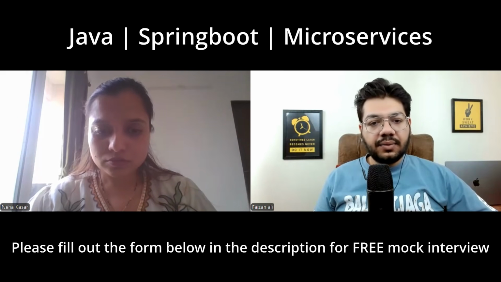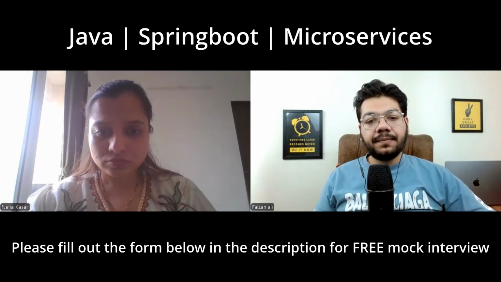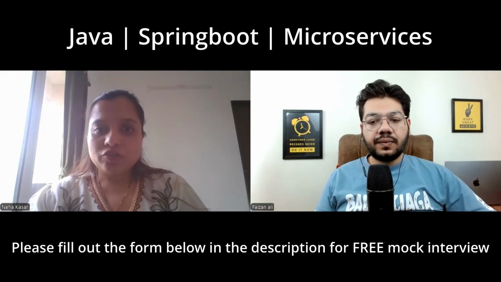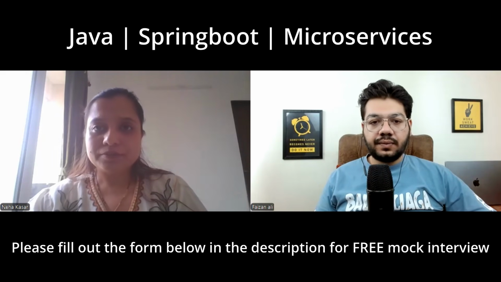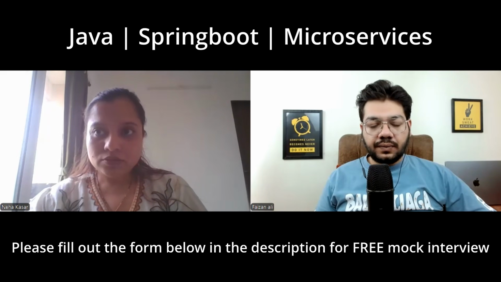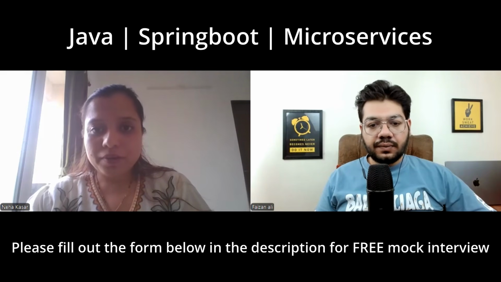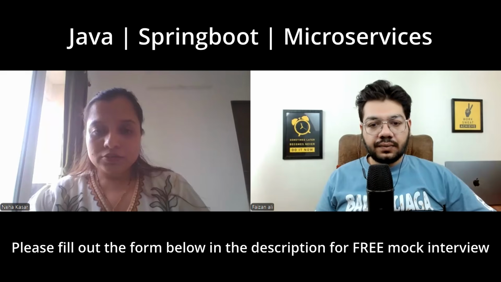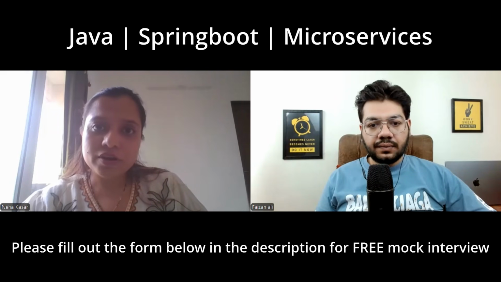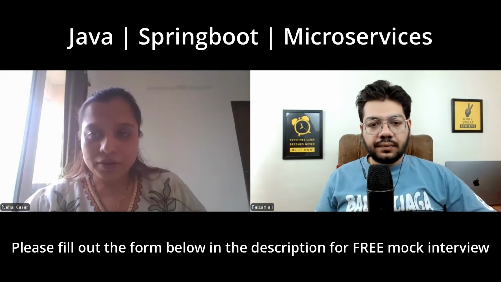Can you explain Spring Boot auto configuration end to end? In the pom XML, we have starter dependencies, like web starter and data JPA. With auto configuration, Spring will configure those dependencies automatically.